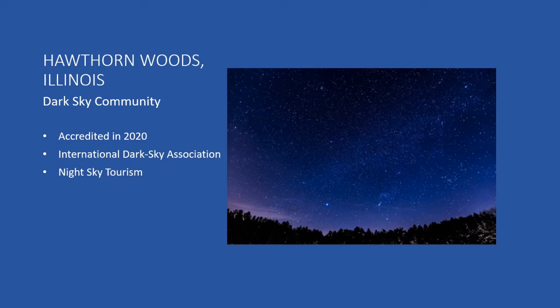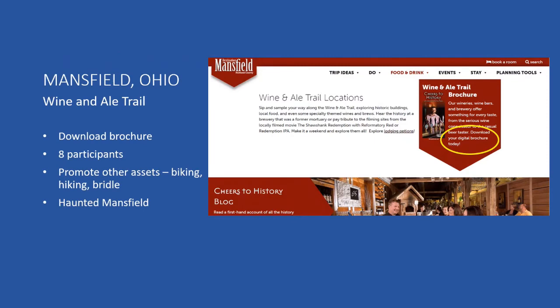The Dark Sky International Society is a nonprofit organization dedicated to preserving and protecting the night sky from the negative effects of artificial light at night. Hawthorne Woods is not only protecting the night sky, but they just so happen to offer some very cool stargazing and other nighttime events.